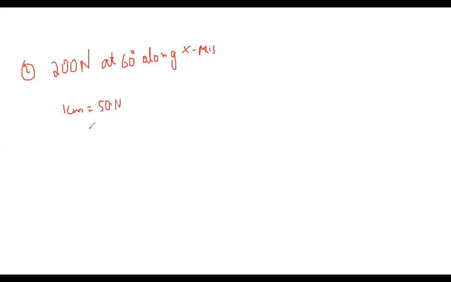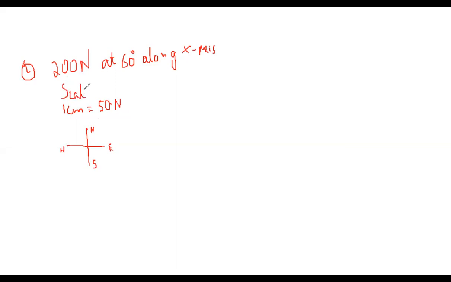And second, you require the direction scale, because the direction is given. It's a vector, so keep in mind that when you solve these types of questions, two things you have to write on paper first, and then show the rest of the working. So two things are shown here: the scale, 1 centimeter line is equal to 50 Newton, and secondly the direction scale.